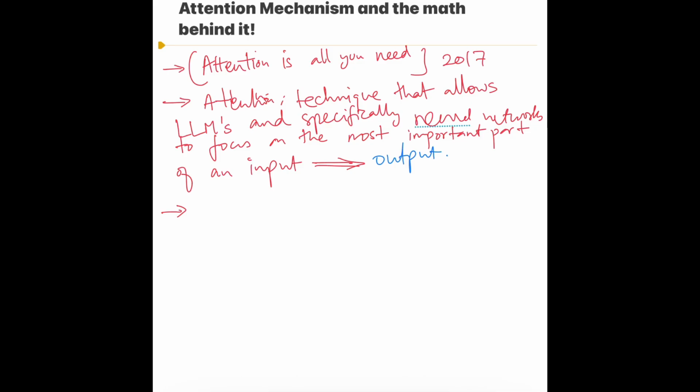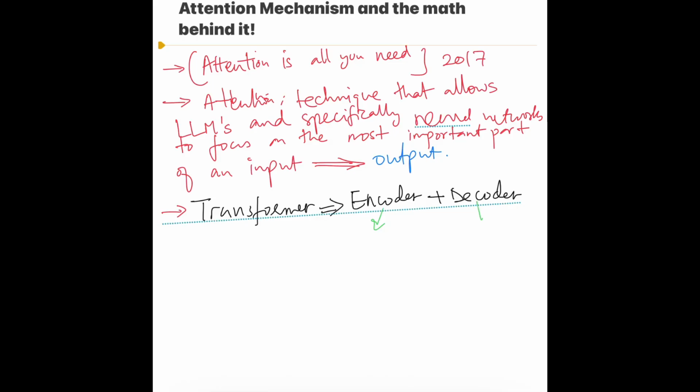So, where does attention happen? I'm sure all of you have heard the word transformer, which is nothing but an architecture for large language models, right? And a transformer essentially has two components, the encoder and the decoder. So attention happens in both of these blocks.